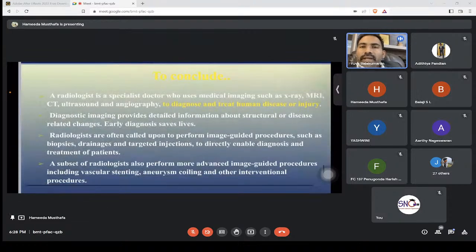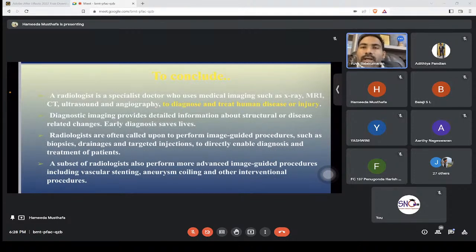So to conclude, a radiologist is a specialist doctor who uses medical imaging such as X-ray, MRI, CT, and ultrasound to diagnose and treat human diseases and injuries. Diagnostic imaging provides detailed information about structure or disease-related changes. The earlier the diagnosis, the more lives we can save.